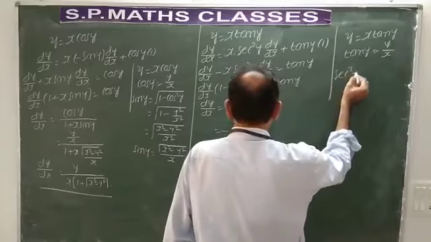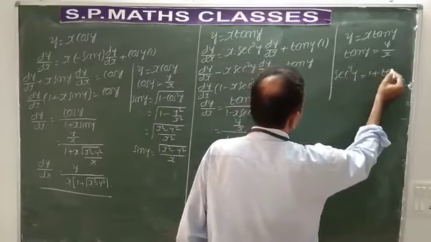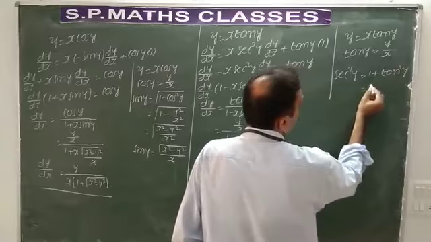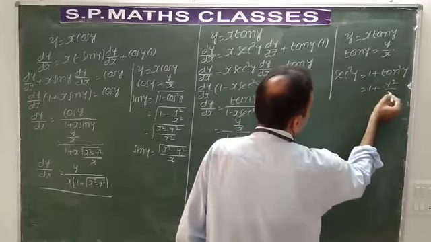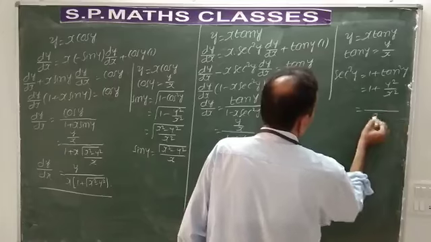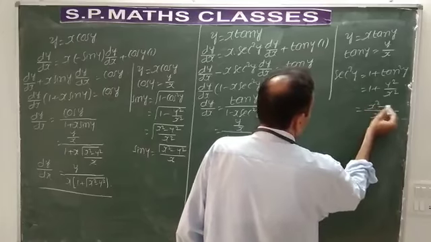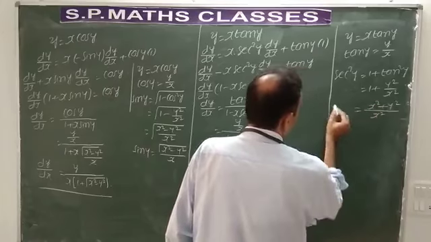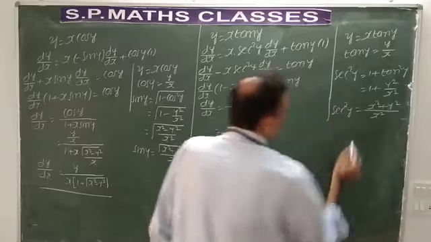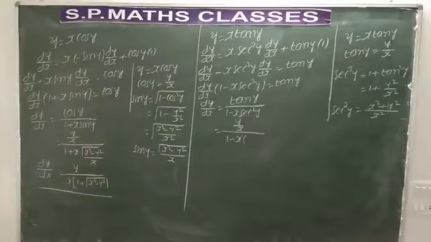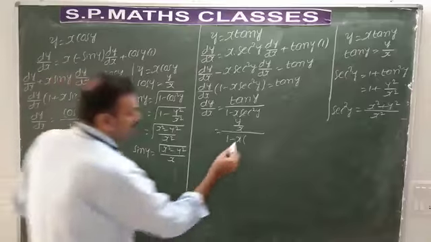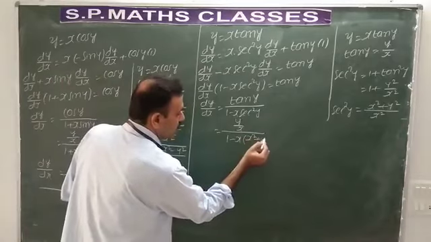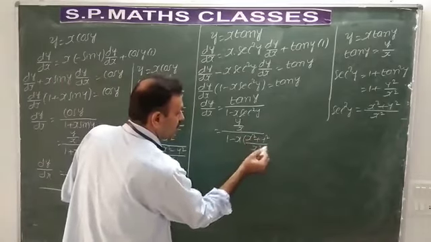See, secant square y is 1 plus tan square y. 1 plus y square by x square, if you take x square as LCM, it is x square plus y square by x square. So 1 plus tan square theta is secant square theta. So I write it as x square plus y square divided by x square.